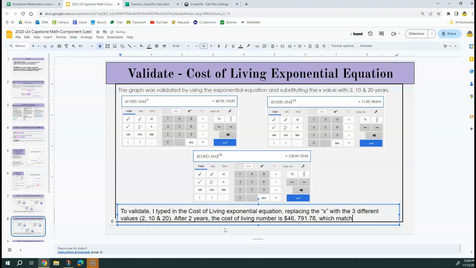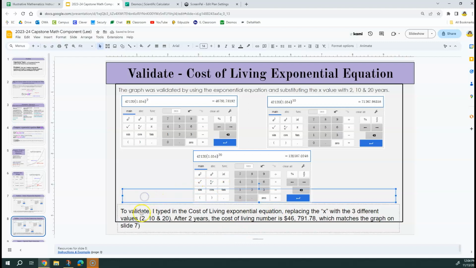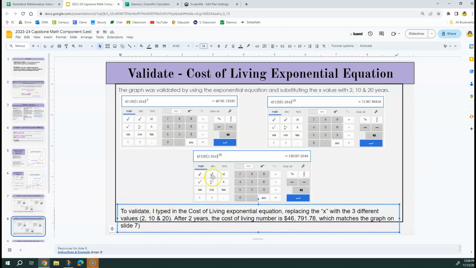And this matches the graph on slide 7. Boom. Right. And I can make some adjustments to make sure this gets completely on the slide.